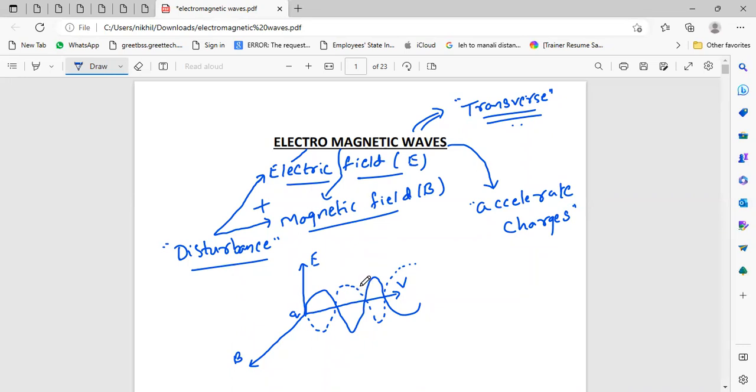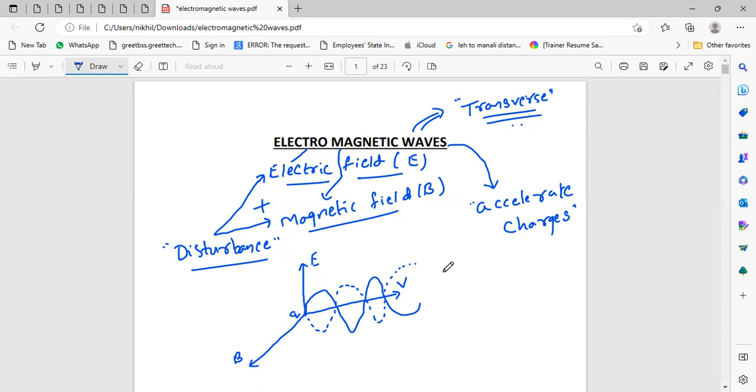Clear? So to produce electromagnetic waves, we require two fields, the electric field and the magnetic field, applied perpendicular to each other. Whenever the charge moves perpendicular to both fields, it will accelerate. That is what we consider as electromagnetic waves.